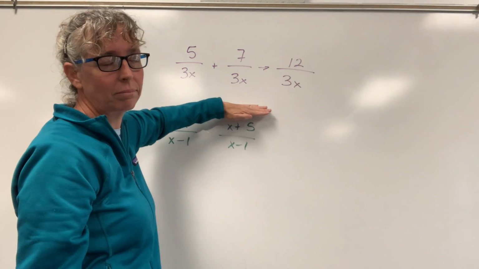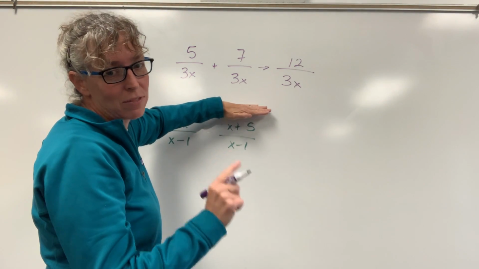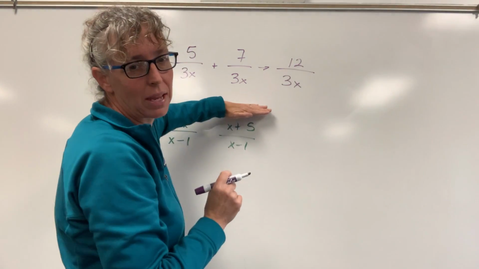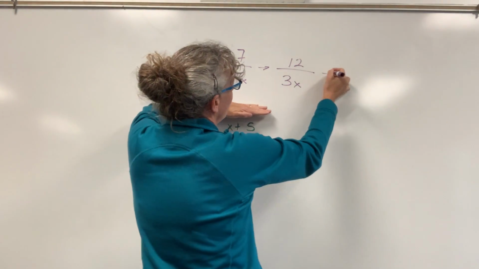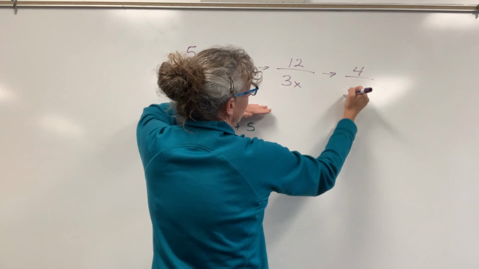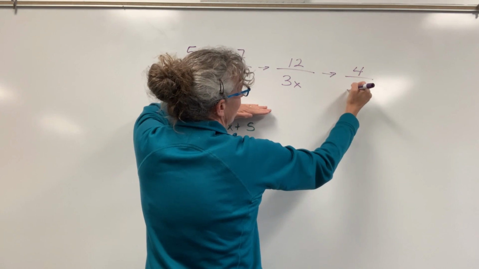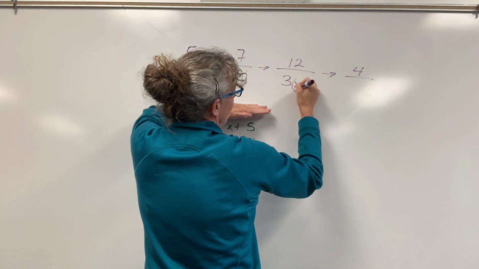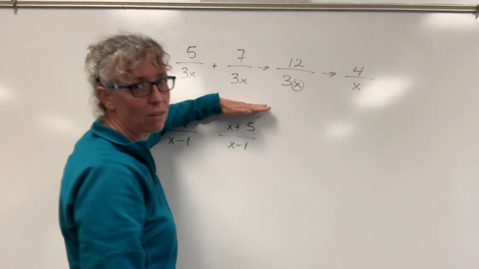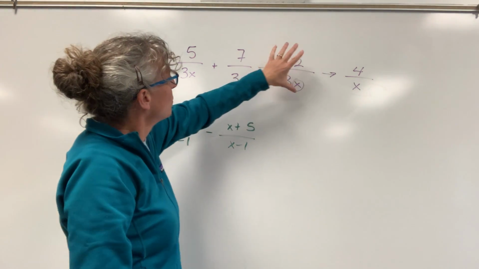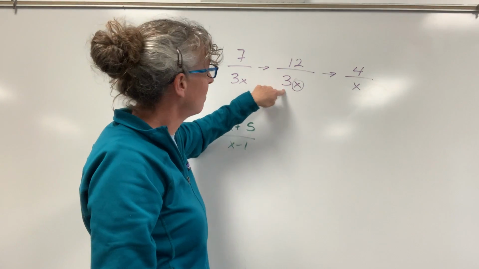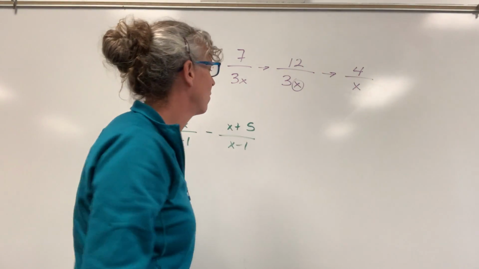Now, the last thing we have to do is check and see if we can reduce that. 12 over 3 can reduce to 4 over 1, but I don't really need the 1 under a fraction. But I still have this x right here. Don't leave it out. It's still part of my answer. So when I'm done adding, I need to see if I can reduce my numbers, and if I can, go ahead and do that: 4 over x.